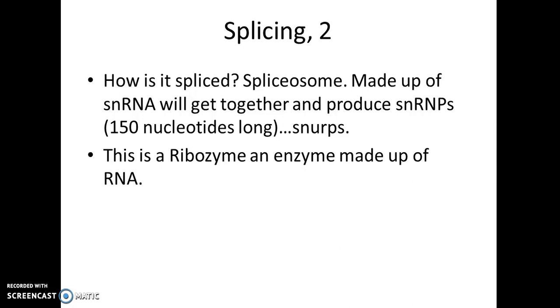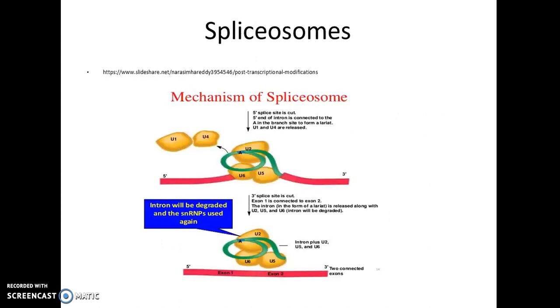Here we have something known as a ribozyme because the RNA is actually acting like an enzyme by cutting and joining. So we have spliceosomes here. The green are the introns, and the red is the exons. I can draw a picture in class if you'd like. Just ask me tomorrow. I'm more than happy to show you how spliceosomes work.